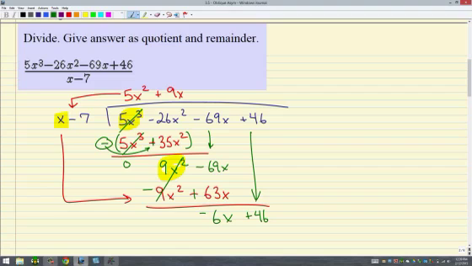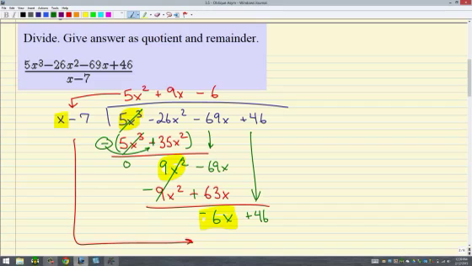And then our last move is, what do you multiply x by to get negative 6x? I think that's a negative 6. So when we do this multiplication, we write it down here, and we'll write negative 6x plus 42.